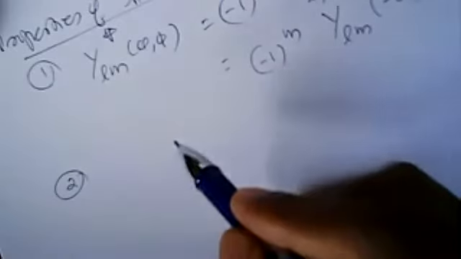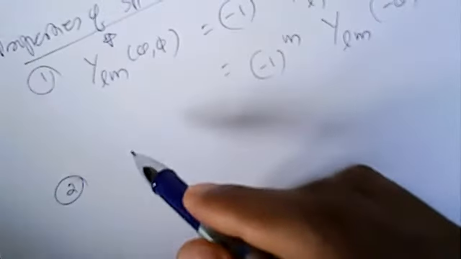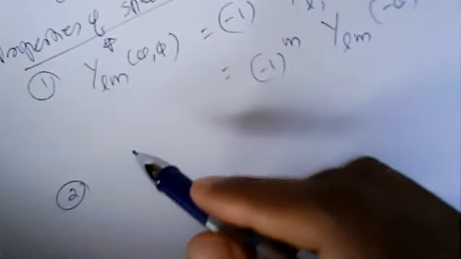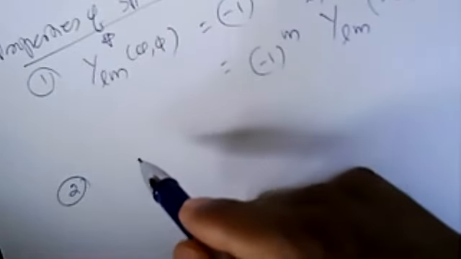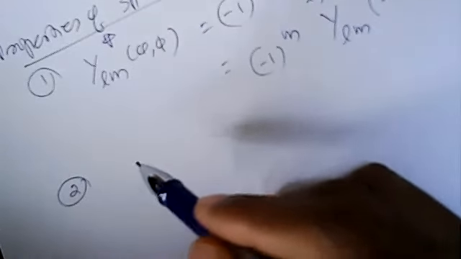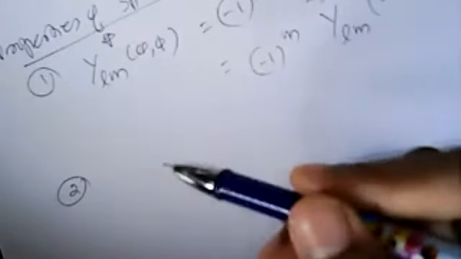Second property, orthonormality. So in spherical harmonics, these are the wave functions, so they are also orthonormal. Spherical harmonics are a complete orthonormal set of functions.